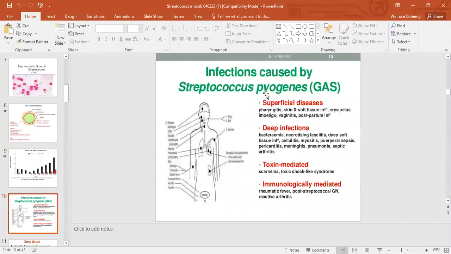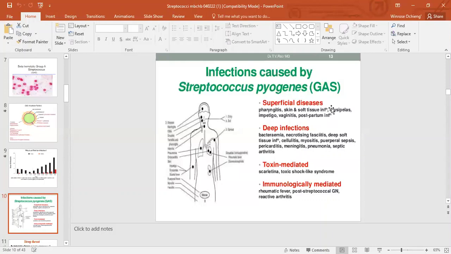We'll start with Streptococcus pyogenes. What are the infections caused by Streptococcus pyogenes? One, there are the superficial diseases. They attack most of the organs in the body. For bacteria to be able to attack, it means they have virulence factors and are able to disseminate from one part of the body to the other.